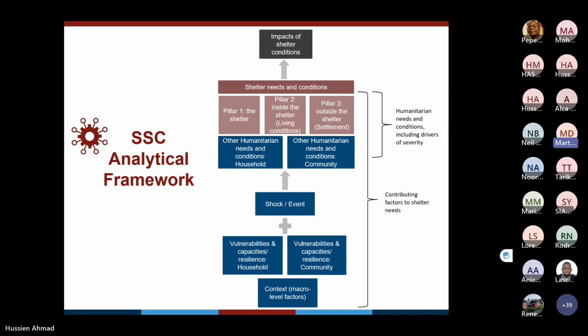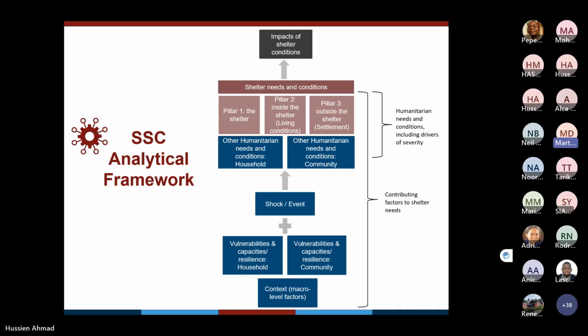I think this is helpful, but I just want to build on what Noon raised in terms of the analysis. In the future, when we are doing the analysis, especially for the HNO, can we bring in the AGD analysis as well? If it is not collected at this level, how can we do that when we are making the analysis for the HNO and subsequently for the HRP?